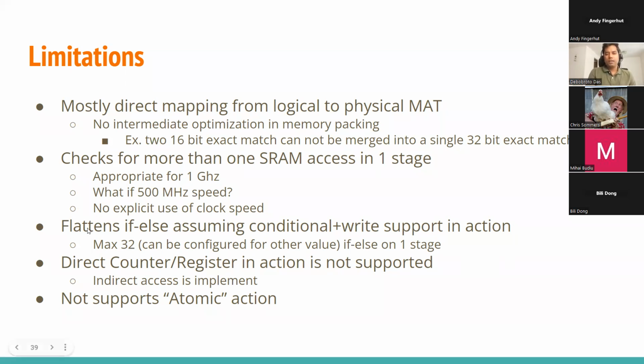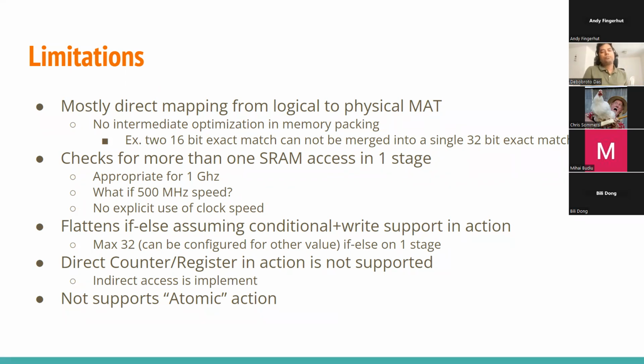Then for the if-else conditions, I have done a flattening. For the if-else, I have assumed that we have a conditional write ALU, so that if some condition is true, it will write a 1 bit on the field, and that field will be matched on the next stage.